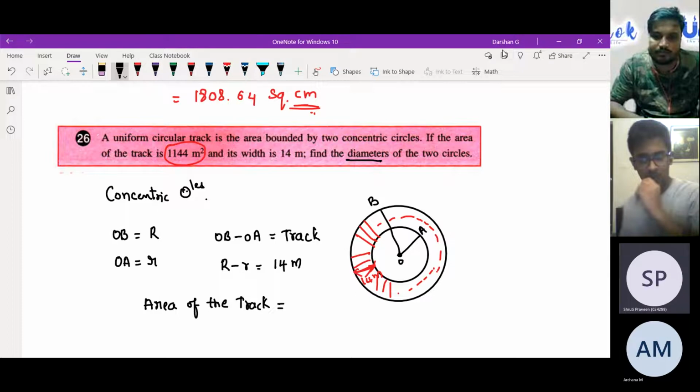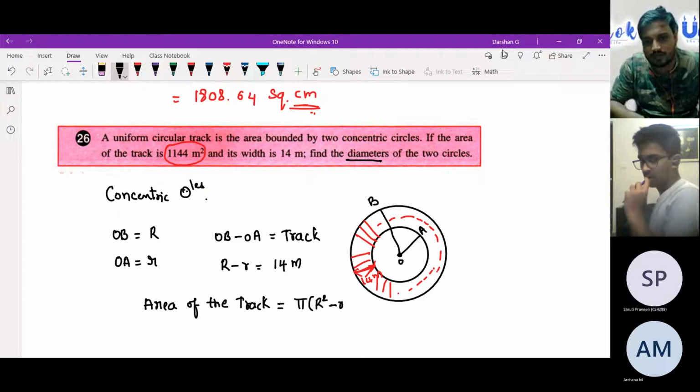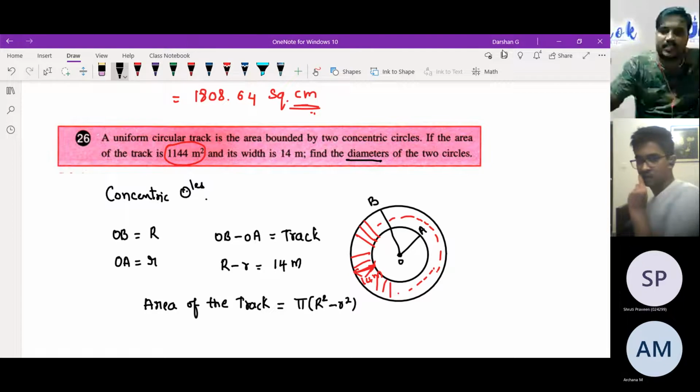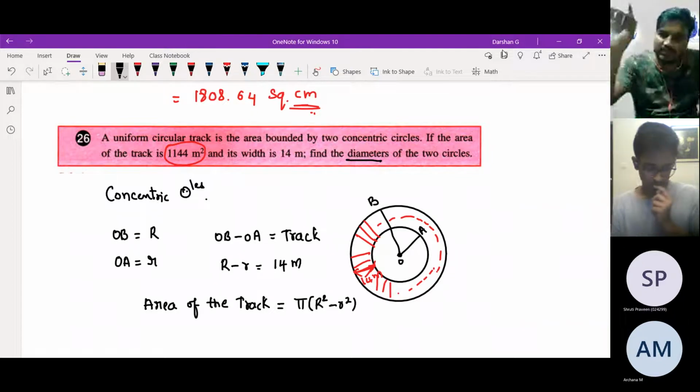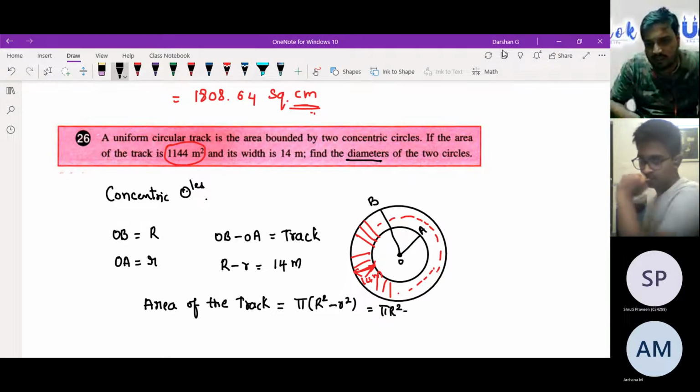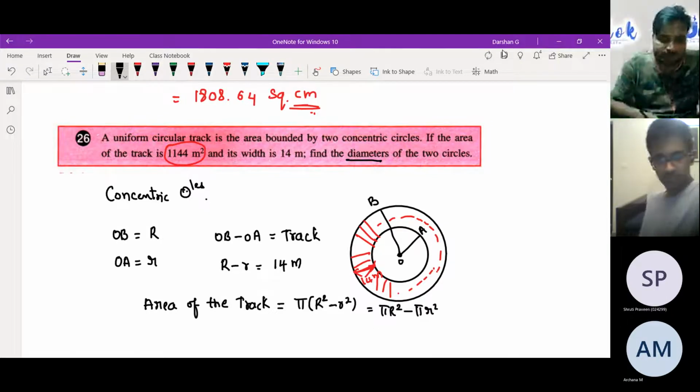Pi brackets open, big R square minus small r square, brackets close. That means you're finding the bigger area minus the smaller area, right? If you don't know this formula, no need to worry. It's nothing but pi big R square, the area of the bigger circle, minus pi small r square, the area of the smaller circle which is inside, right?